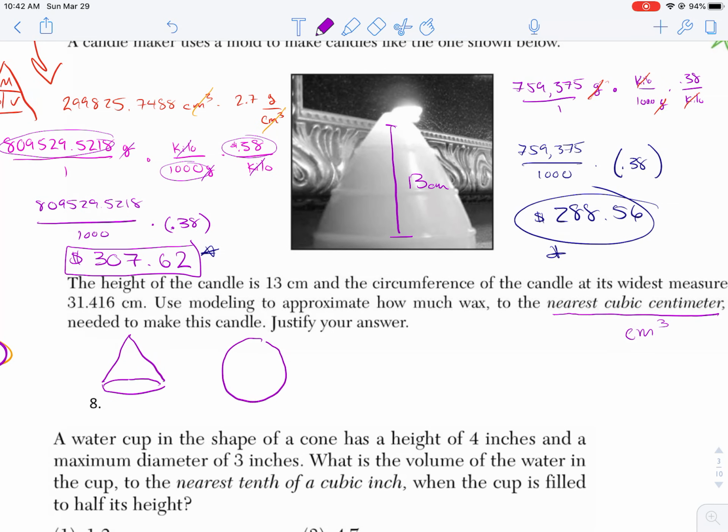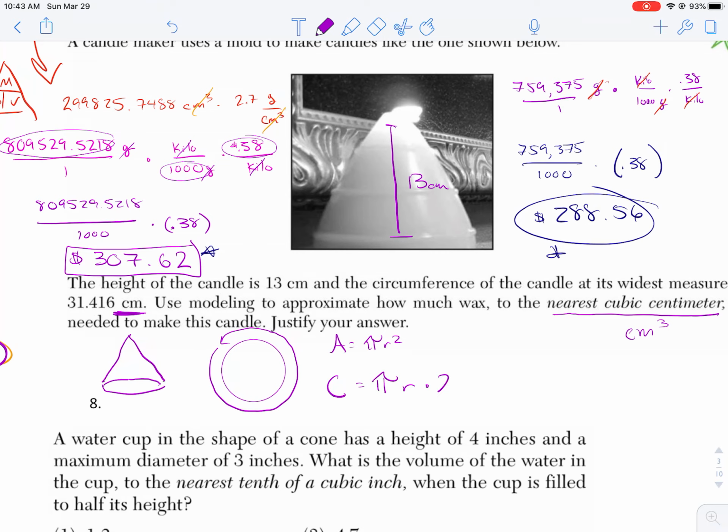So its circumference, you've got to remember, is the length around your circle. As you can see, it's not squared; it's just one single unit of measure. We're just measuring the outside of this circle. If you recall, the area of a circle is pi r squared, but we don't want the area, we want the circumference.